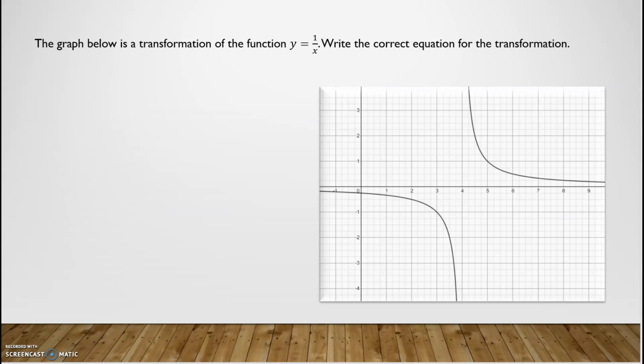Okay, if we look at this transformation of y equals 1 over x, and again, we don't really need that because within our toolkit function, we should know the shape of that. So write a correct equation for this transformation. Okay, well, if we look at the original one, let me go back to the toolkit function.